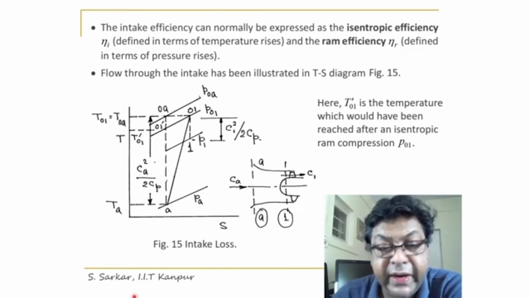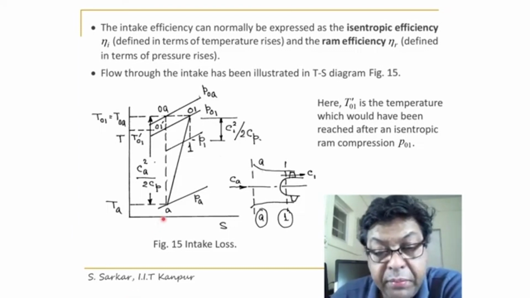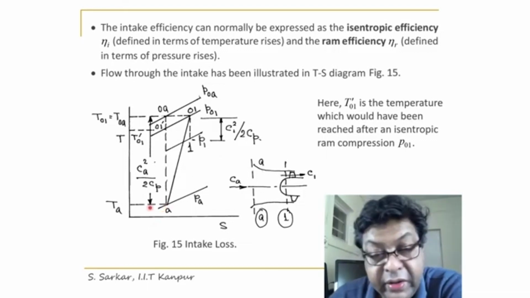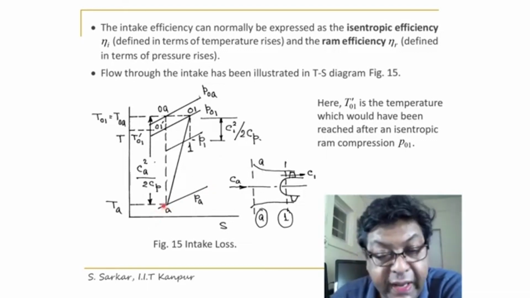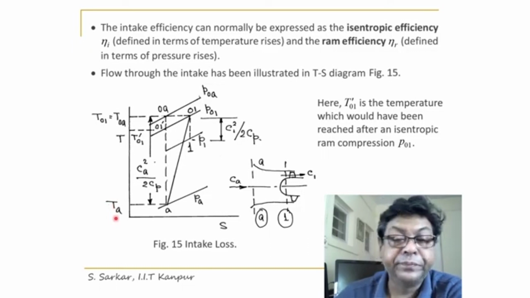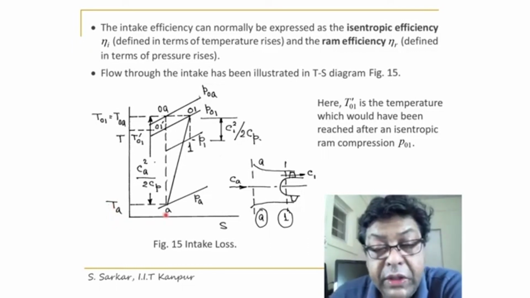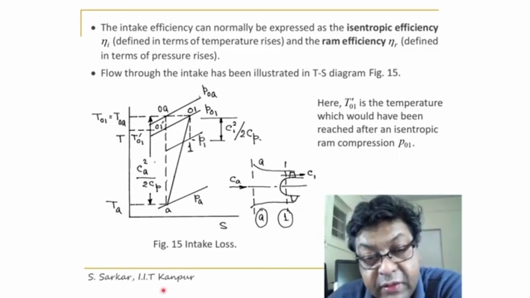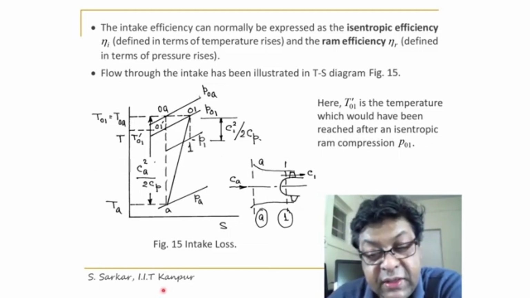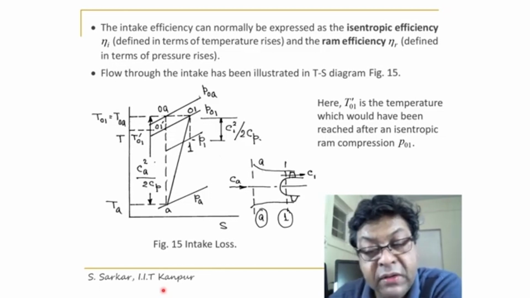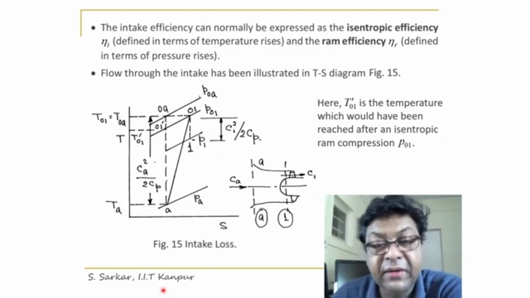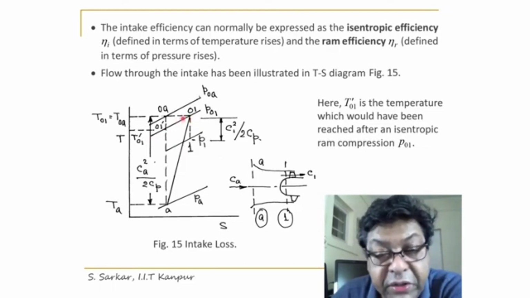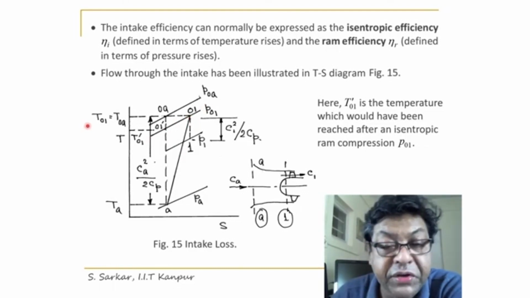Now in the TS diagram, I have indicated the state point A, where the pressure is PA and temperature is TA. Now A to 01 indicates the ram effect, which is non-isentropic compression, and at 01 the pressure is P01 and the temperature is T01.